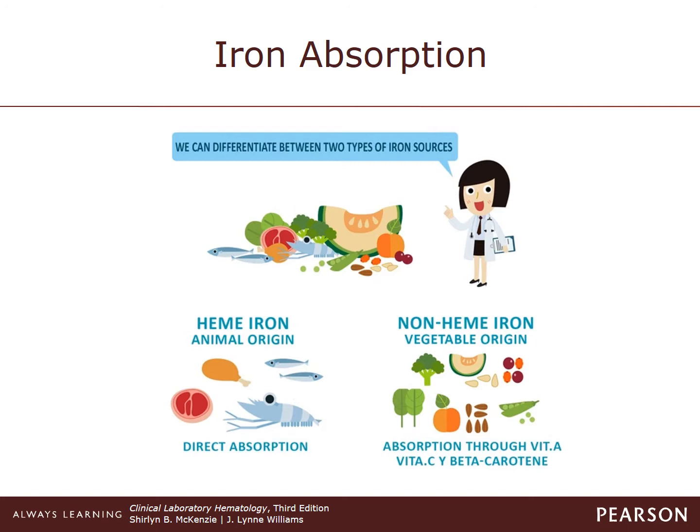There are two forms of dietary iron: non-heme iron, which is in the ferric state, or the 3+ state, and is present in vegetables and whole grains. Heme iron, or readily available iron, is in the ferrous state, the 2+ iron state, and is present in certain types of red meats and fish.